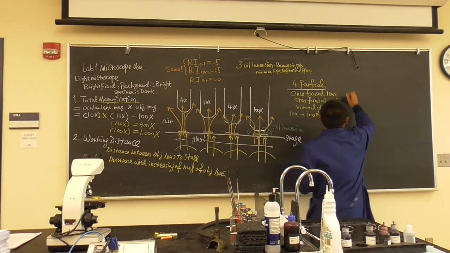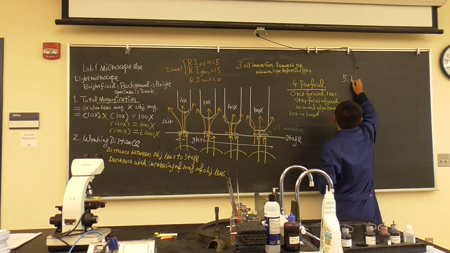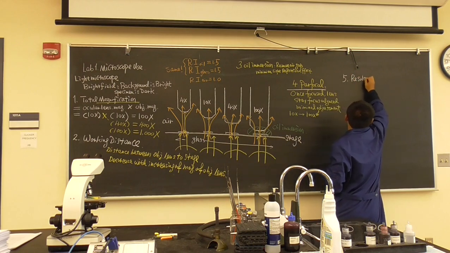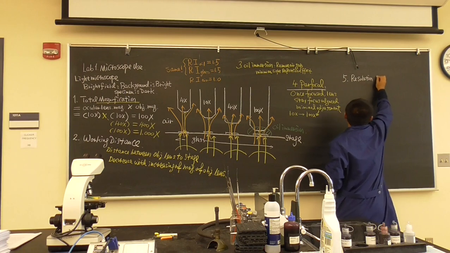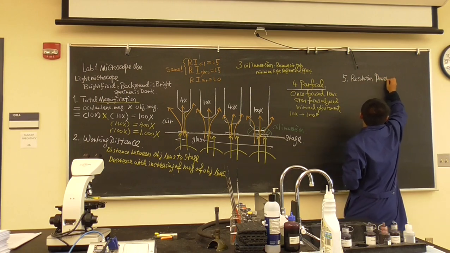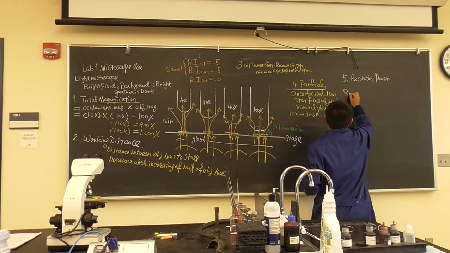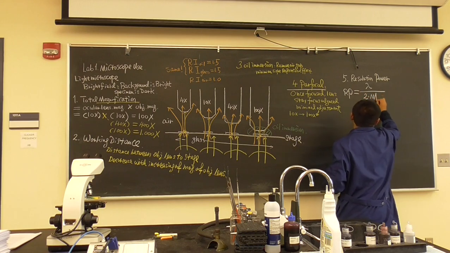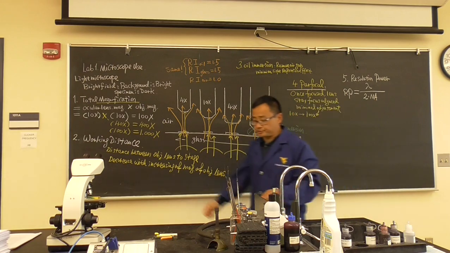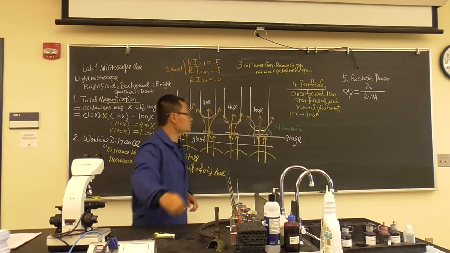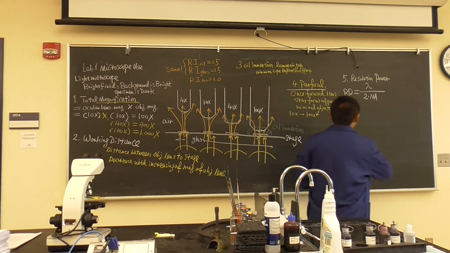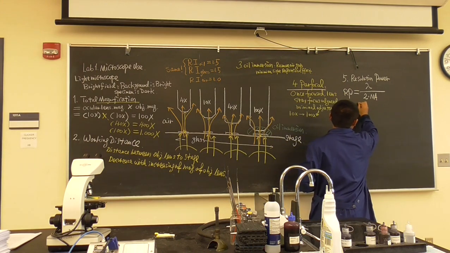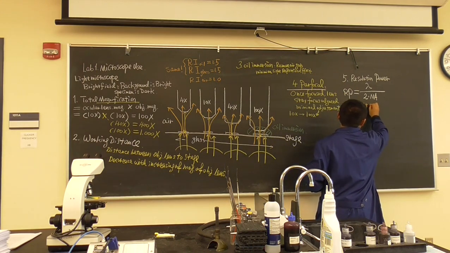The last thing we want to talk about is called resolution power. Resolution power has a formula for the calculation. It is RP equals lambda divided by 2 multiplied by NA. So we want to talk about these terms. First of all, what is lambda? Lambda is the light wavelength.